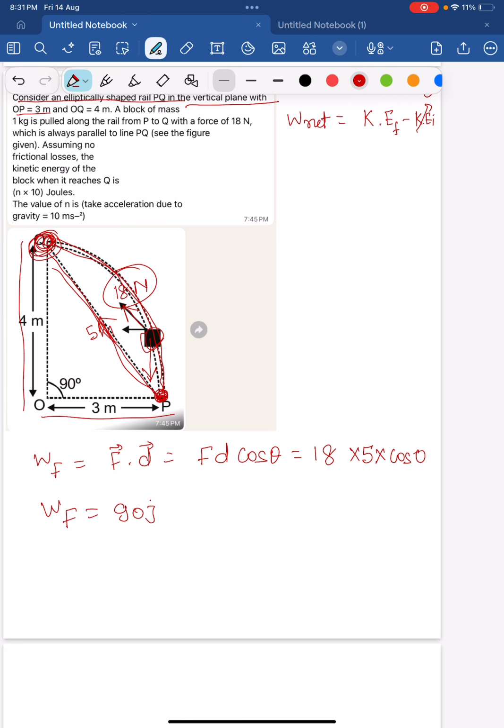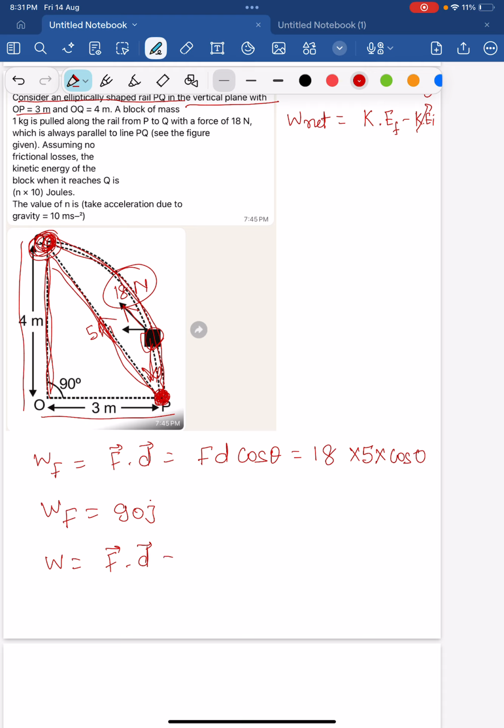And now we have to find work done by mg. So mass of the body is 1 kg, so it will be F dot displacement. The body is moving from this point to this point, displacement will be in the vertical direction, that will be equal to 4.